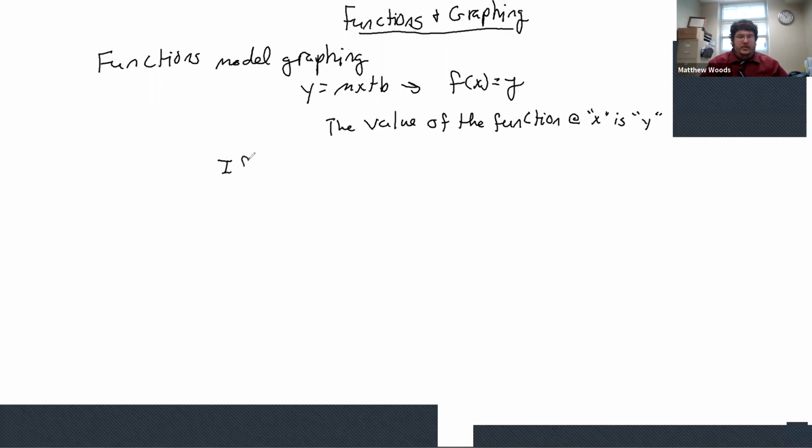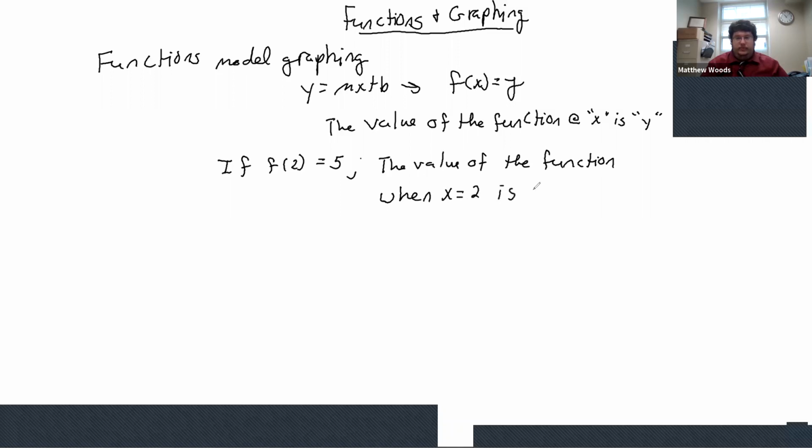So if f of 2 equals 5, what that would mean is the value of the function when x equals 2 is 5.